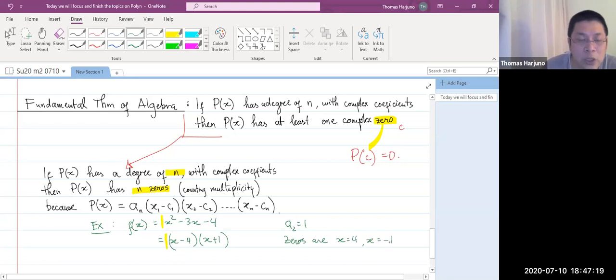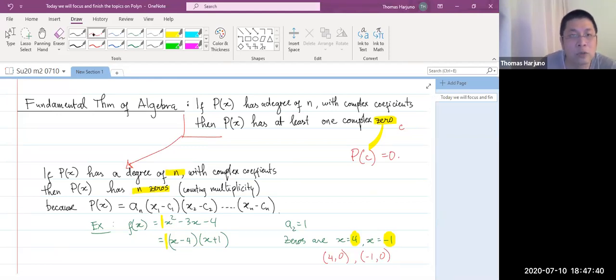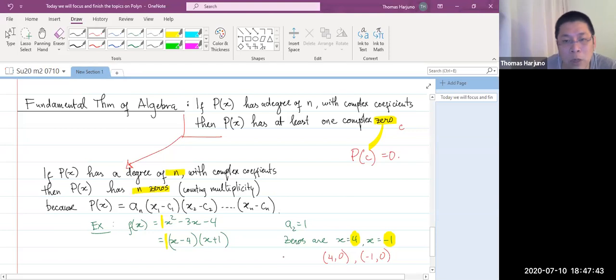So you see this polynomial can be written in factored form, and from that factored form we get the zeros. And if the zeros are real numbers like this, then we have x-intercepts. Remember, in your tests and quizzes, I emphasize that when it comes to x-intercepts, you need to write it as a coordinate, because you need to distinguish between x-intercepts and zeros.